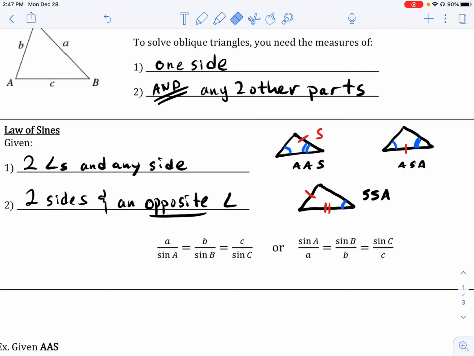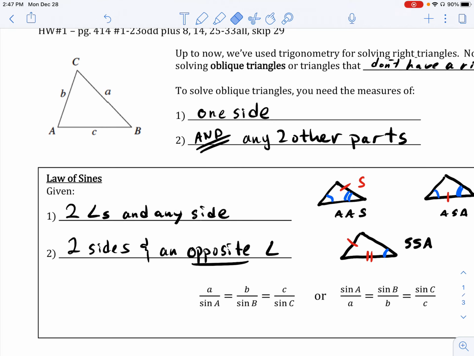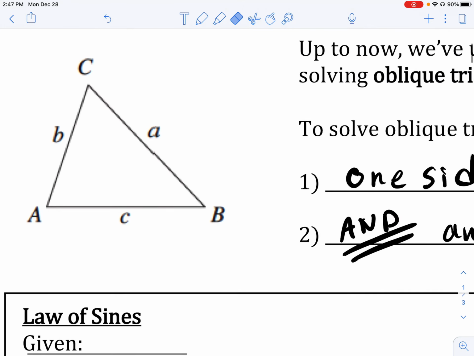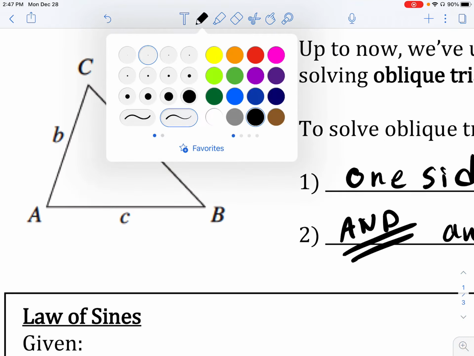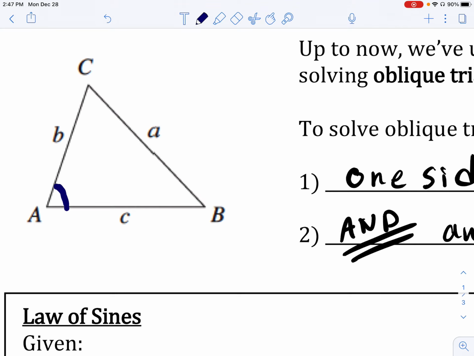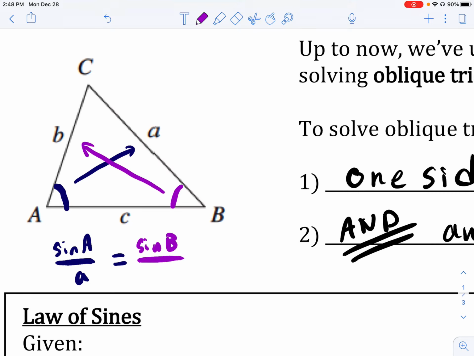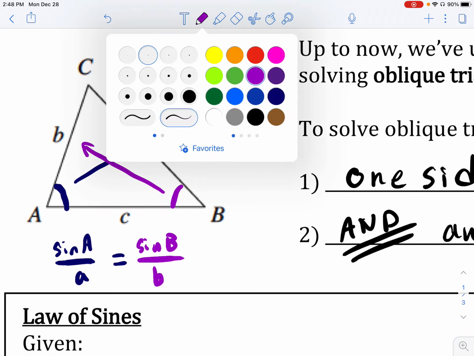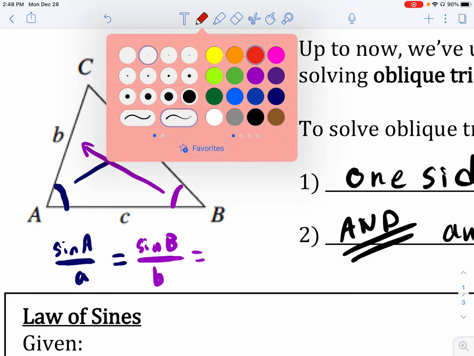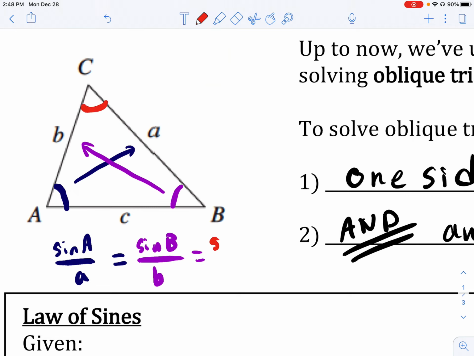So we can see here, if I were given, for example, this particular oblique triangle, what we're saying is that the sine of this angle A over its opposite side, side A, is equal to the sine of angle B over its opposite side, side B. And that is proportional to the sine of angle C over its opposite side, side C here.